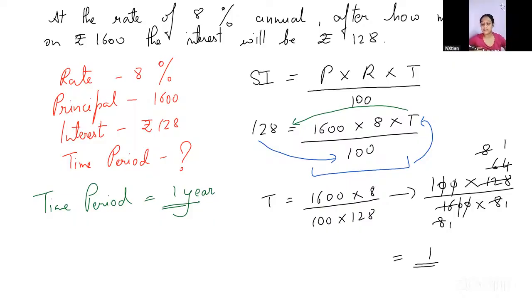At 8% annual, after how much period will the interest be 1920? Shall I erase the whole screen and write down the question? Yes, ma'am. Okay, I'm writing it down.